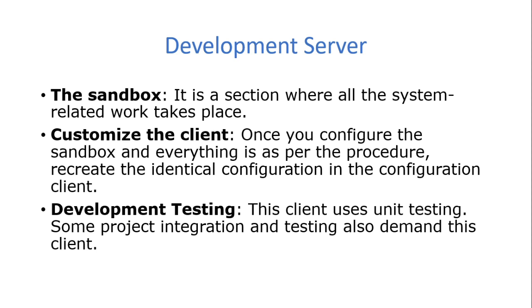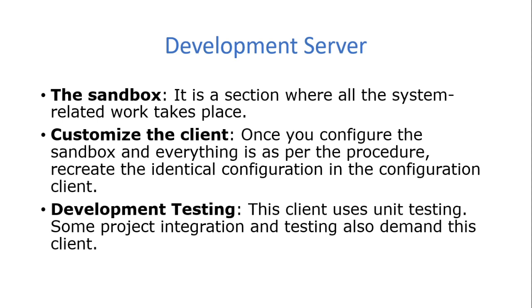Before starting the configuration, we'll do the configuration in the sandbox, then we'll get the business sign-off. Once everything is okay and we get the sign-off from the business, we'll start the customization in the customization client on the development server. Once the configuration is completed in the development system, there will be one more client for testing purposes. This is the development server.